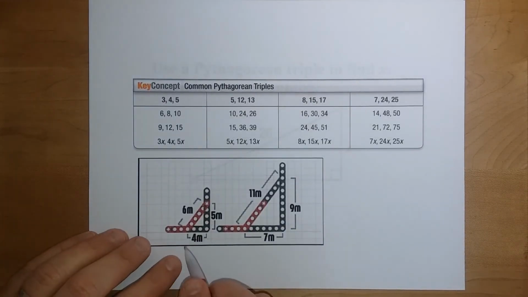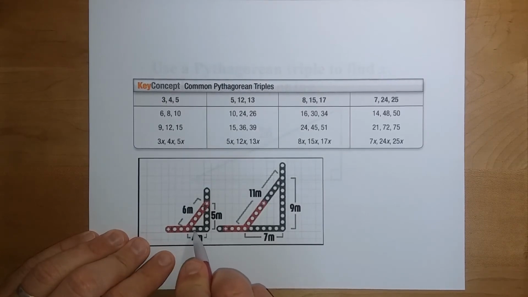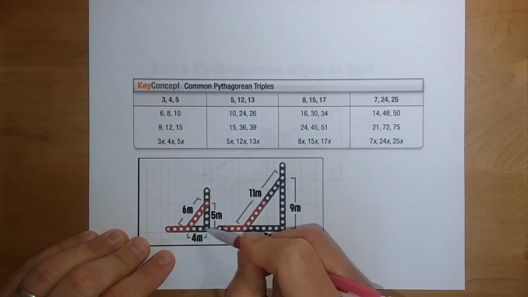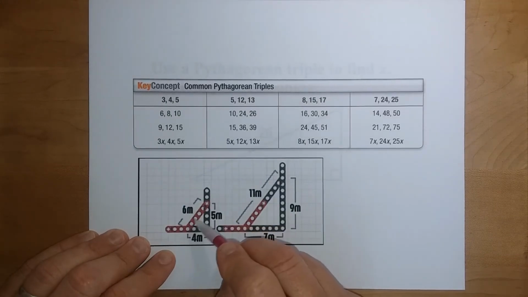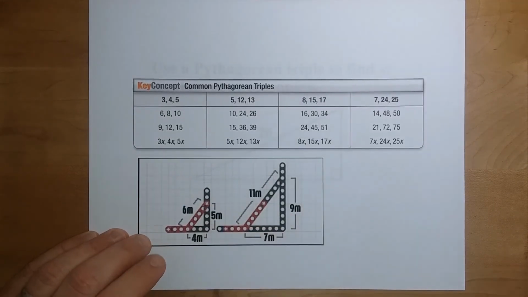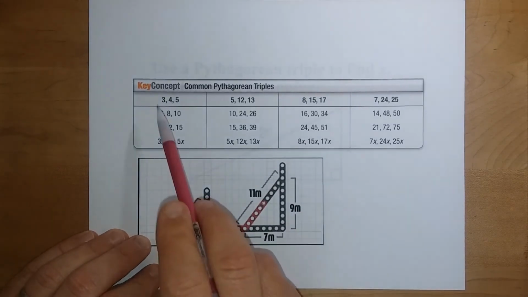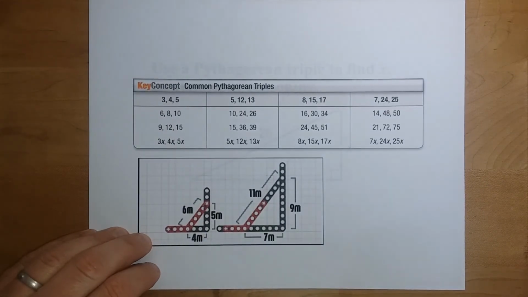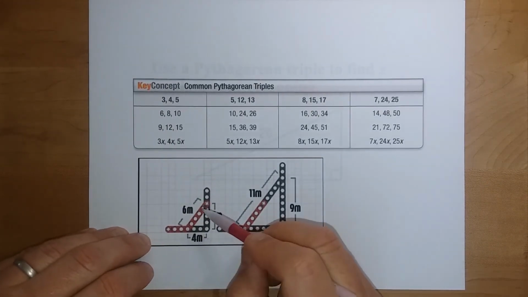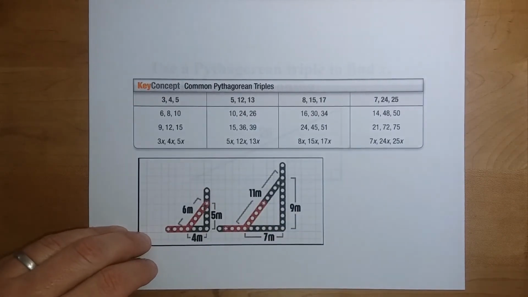But really what we're talking about is the distance between the centers of those holes. The distance between these here is 1, 2, 3 spaces, 1, 2, 3, 4 spaces, and that fits perfectly with a hypotenuse of 1, 2, 3, 4, 5 spaces. So if you take a Pythagorean triple and you add 1 to each number, you can then use it to put together, for instance, Legos, and always end up with a perfect 90-degree angle.